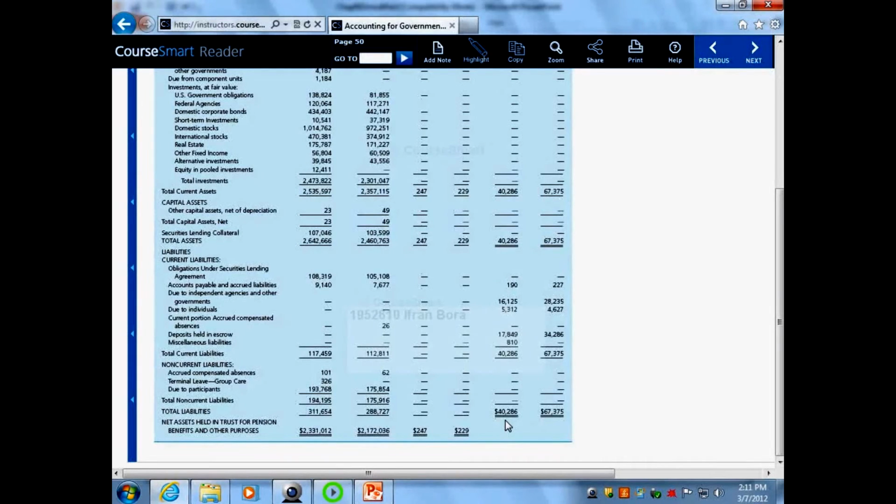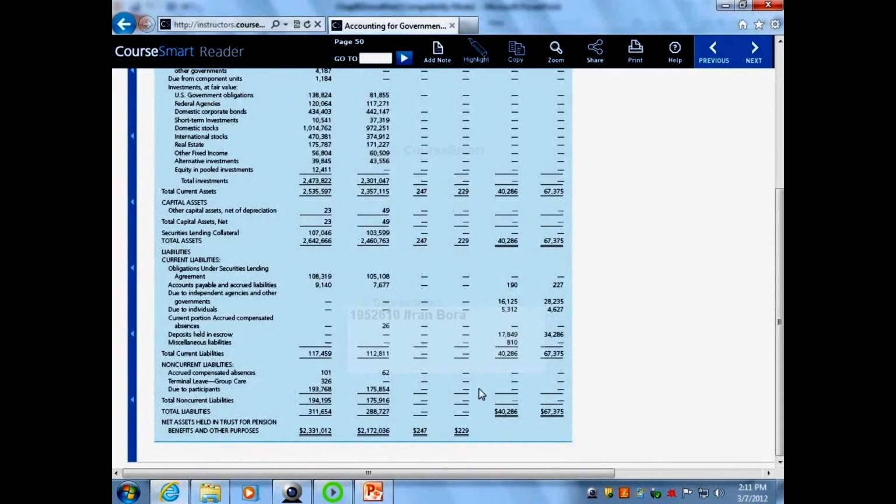There's no income statement, there's nothing. And I'll talk to you about what those agency funds are all about, and I think we introduced that earlier. Because you know why? If you have only assets and liabilities, you prepare an operating statement to show the change in net assets. And if there's no net asset, why do you have to do it? Everything that you do either increases or decreases the asset or increases or decreases the liability.